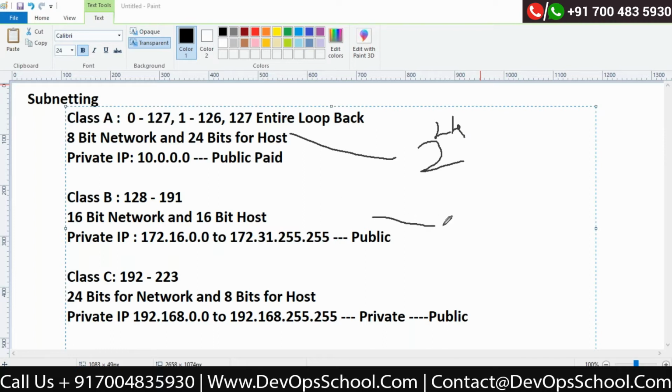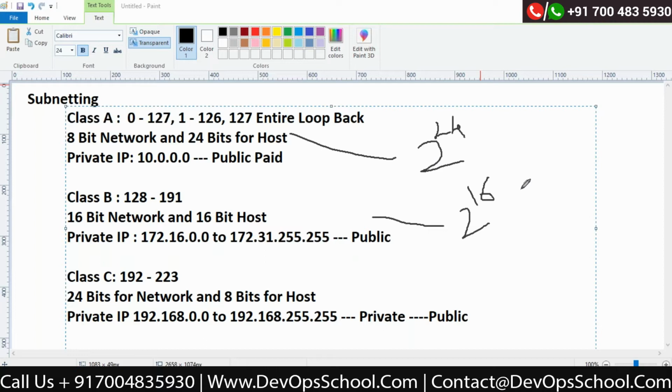In class B, we have the option to go up to 2 raised to 16. That is a very fair number which we are getting over here, 65,536. This is an appropriate number which I can use in my organizations as well.